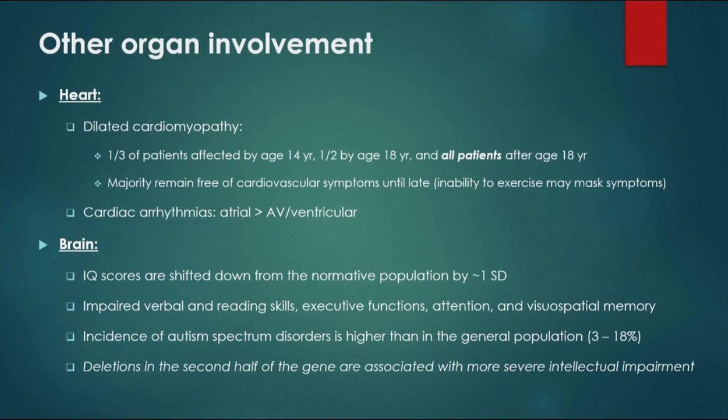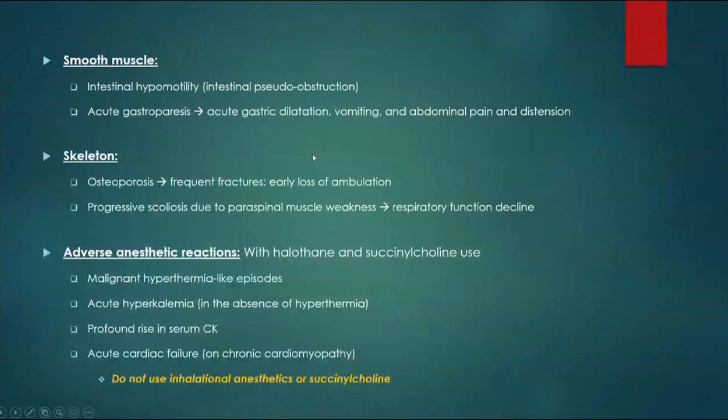So we should keep our differentials wide in those patients and send a CK. Autism spectrum disorder is higher in this population. And sometimes, rarely, seizures can also occur, but that has been described very rarely. Smooth muscle involvement can happen, leading to intestinal pseudo-obstruction or acute gastroparesis, but that's also very rare.